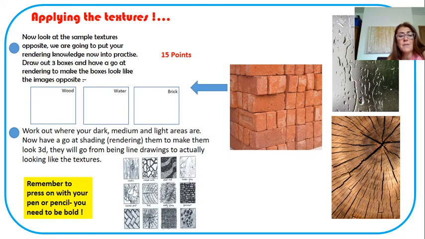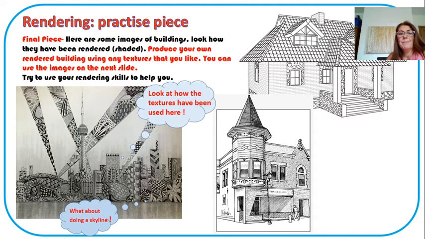In the yellow box on this slide it says remember to press on with your pen or pencil. You need to be bold, and that will give you the final 3D element to the image you're doing. Now let's move on to the next slide.